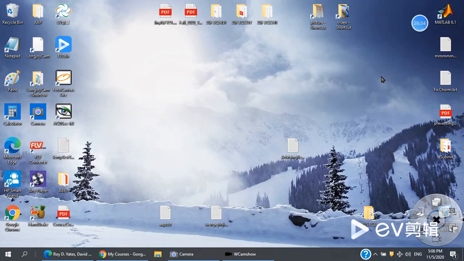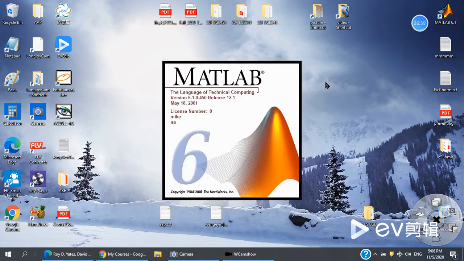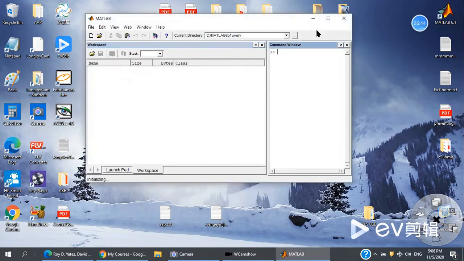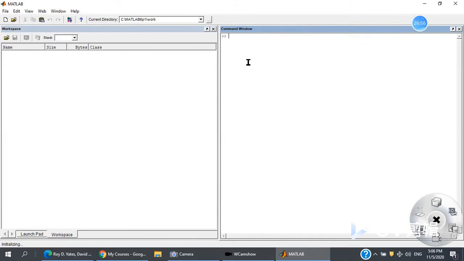MATLAB has a function to find the roots of polynomials. It's called roots. We put the coefficients of the polynomial here.